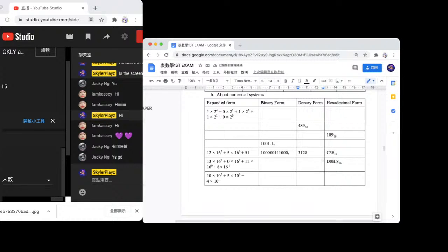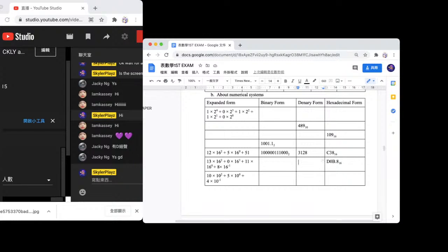We can open mode 3 in our calculator and simply enter D0B8 in hexadecimal form, convert it into decimal form. 53432, okay, I know. D0B8.